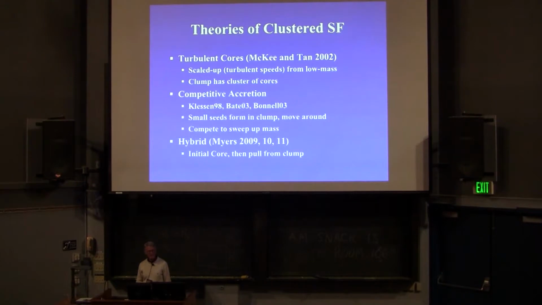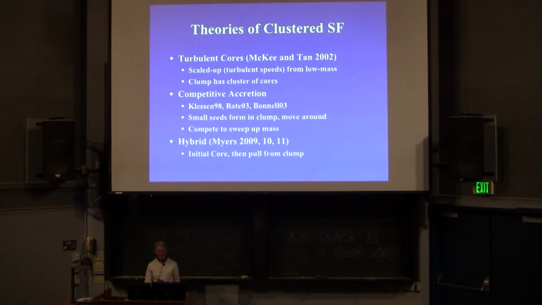All right, I will give a simplified observer's view of what it looks like from our point of view. So the turbulent cores picture presented by McKee and Tan and developed quite a bit by Chris's group is that let's take our picture of formation of individual stars from cores that are presented for the nearby regions, and let's scale it up to these regions and assume that within these dense clumps that we've studied, there are individual turbulent cores which are then collapsing to form individual stars.